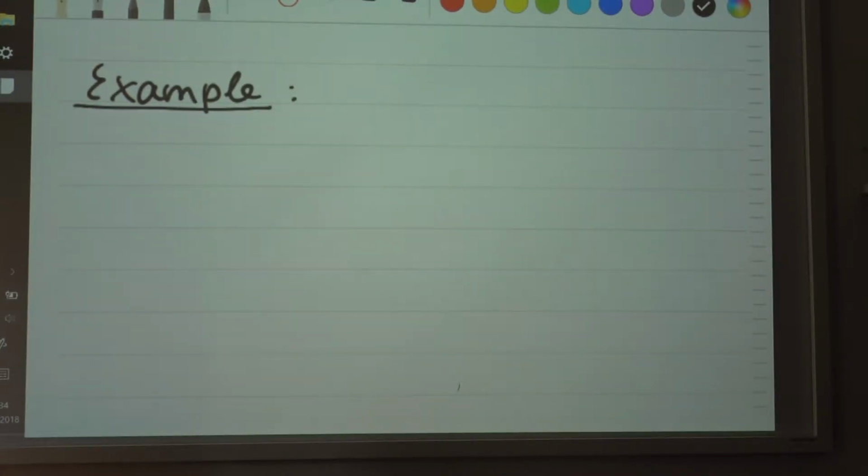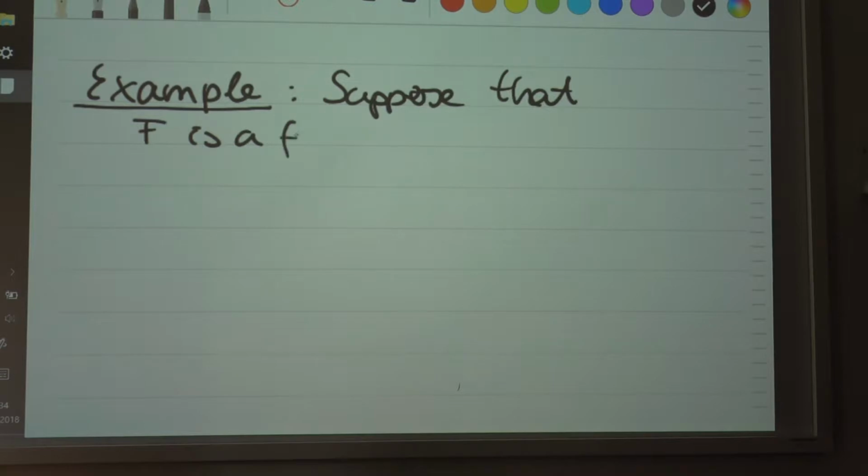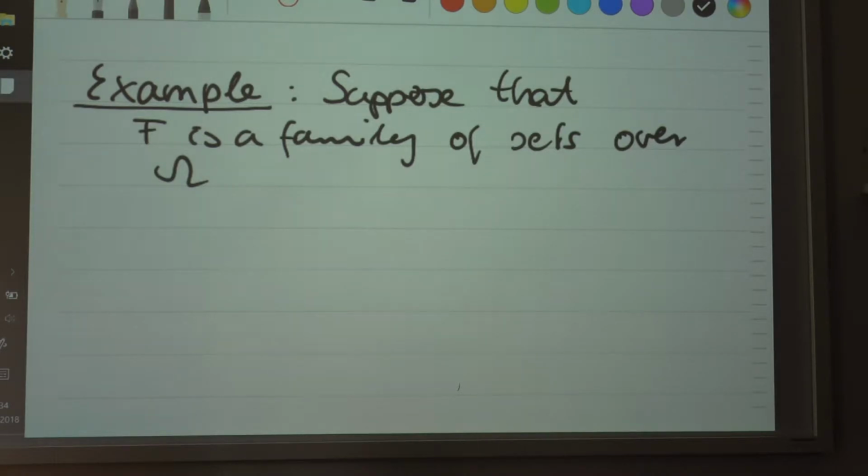So suppose that F is a family, basically a family of sets, over omega. You know what this family is? A family is actually a subset of a power set. Remember, it's not necessarily a sigma-algebra, so it's not necessarily closed under complementation or closed under countable unions.